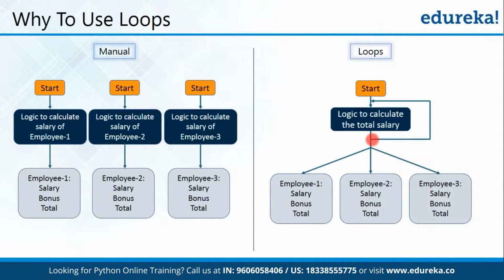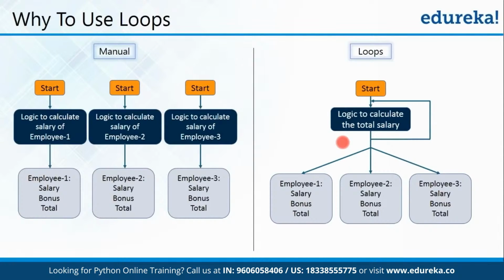What advantage do we get here? The major advantage is we don't need to write the logic for each employee to calculate the salary. We can write one logic and keep repeating it for all the employees. This way the length of the code is reduced, it reduces the complexity, makes it more efficient, and even increases the speed of execution.